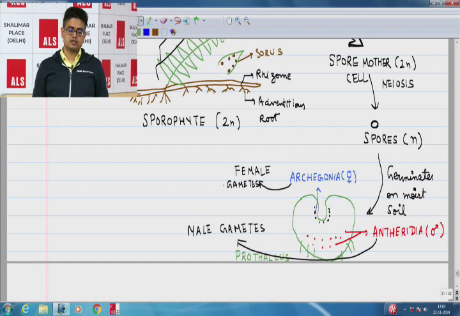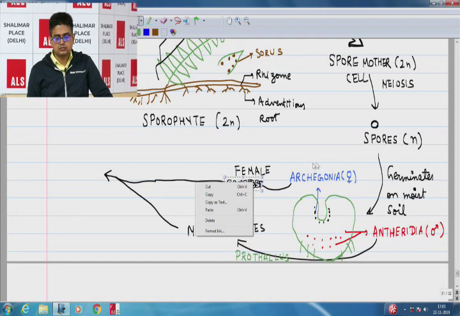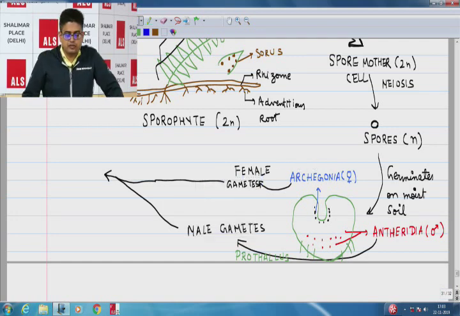The male and the female gametes are fused together.